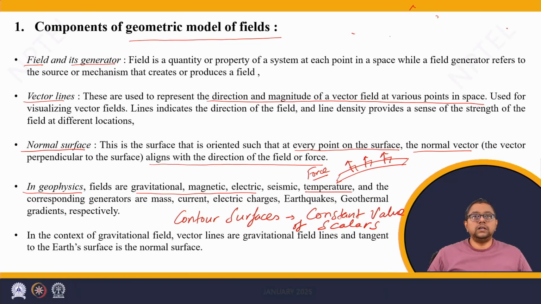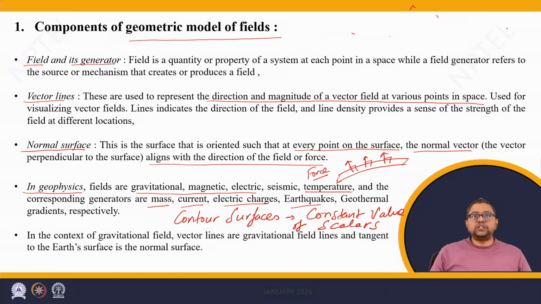Now, what are the generators of the fields in geophysics as listed here? We have the mass, which is the field generator for gravitational force. The current is the field generator for magnetic fields. The electric charges are the field generators for electric fields, as we had discussed just earlier.